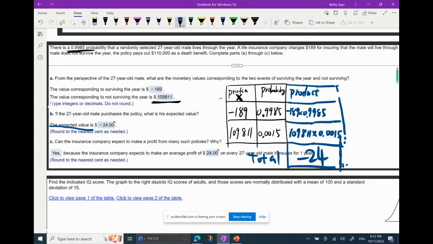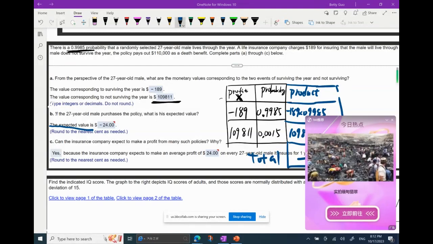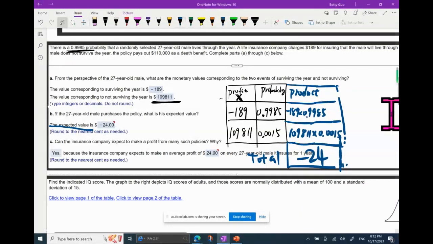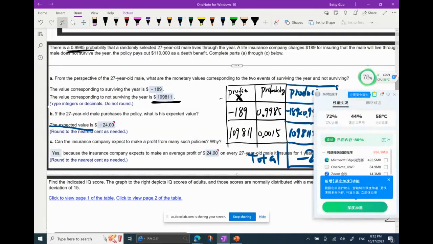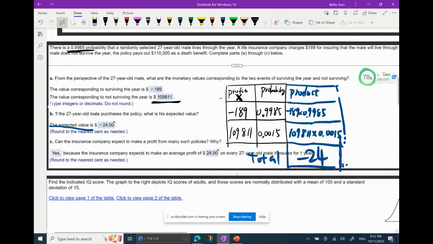That means if I buy the insurance, I'm expecting to lose $24, considering the advantages and disadvantages, everything considered. So for many 27-year-old males, averagely speaking, a typical male who bought the insurance is expecting to lose $24 for that year.